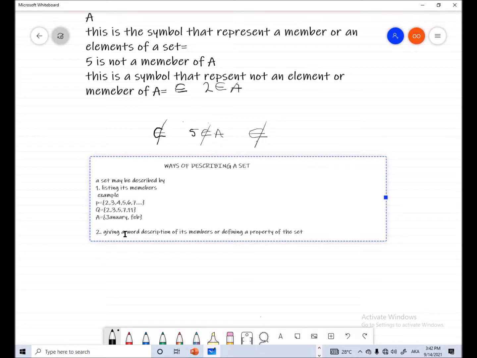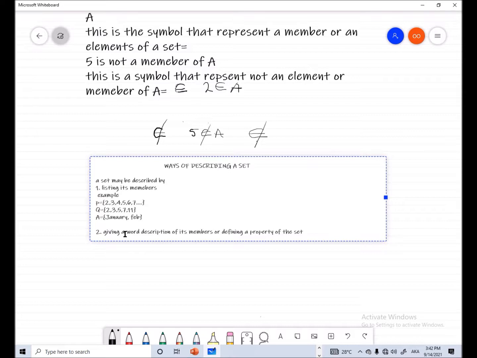You are listing members, maybe a set of your class, then we mention the names of those in your class. So you can say Otis, Ajay, Owusu, Trematin, Junior.